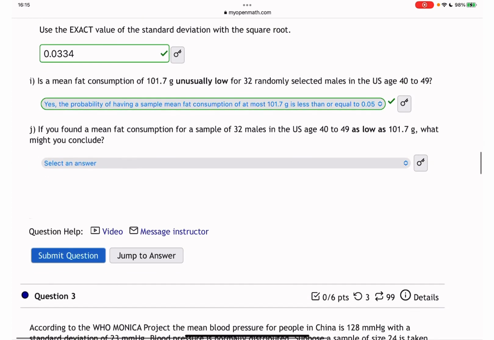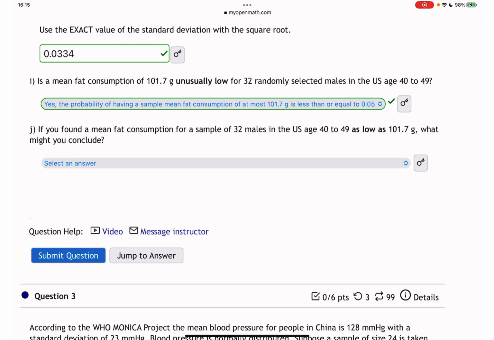Yeah, correct. Okay, and the last one, J. If you found the mean fat consumption for a sample of 32 males in the US age 40 to 49 as low as 101 gram, what might you conclude?